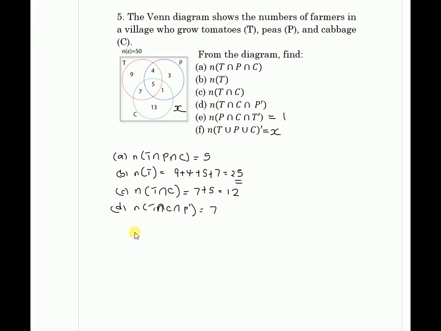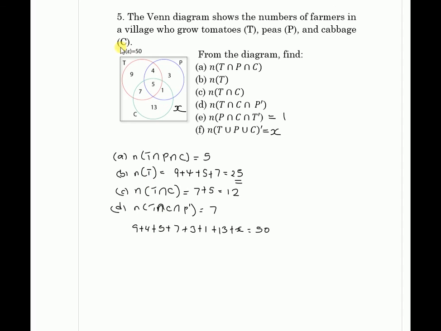This is how we can denote those members who are existing outside the 3 given sets. Now what we shall do, we have 9 plus 4 plus 5 plus 7, then we add on 3 plus 1 plus 13 plus x equal to 50.